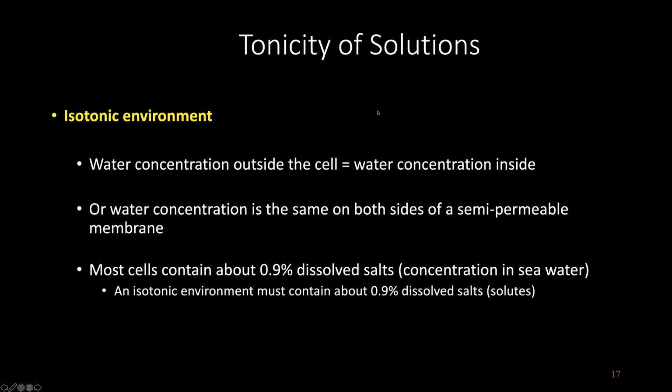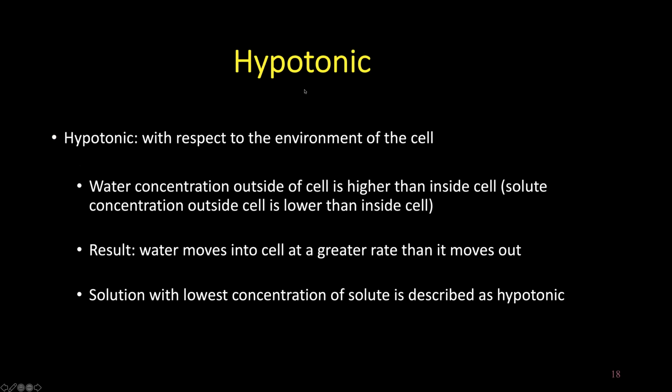Tonicity of solutions. There are three different types of tonicity. One is isotonic. That's when the water concentration outside the cell is equal to the water concentration inside the cell. There are hypotonic conditions.